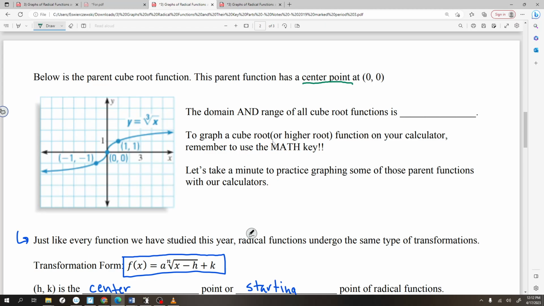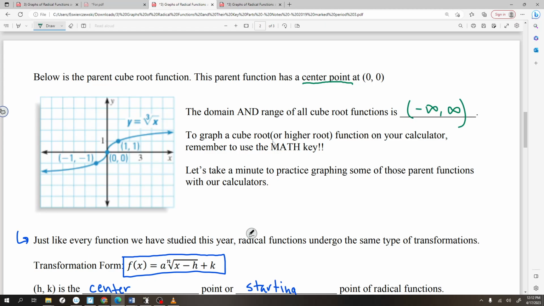So it has a center point at 0, 0. The domain and range for all cube root functions is -infinity to infinity.